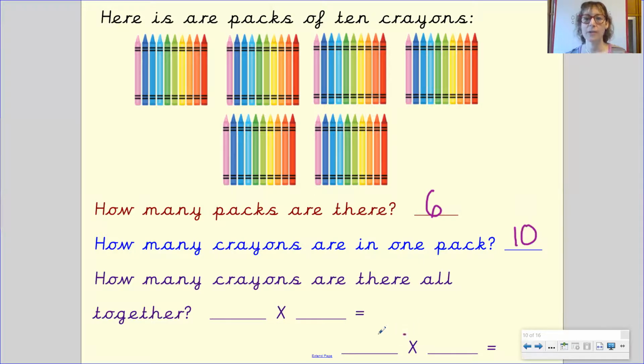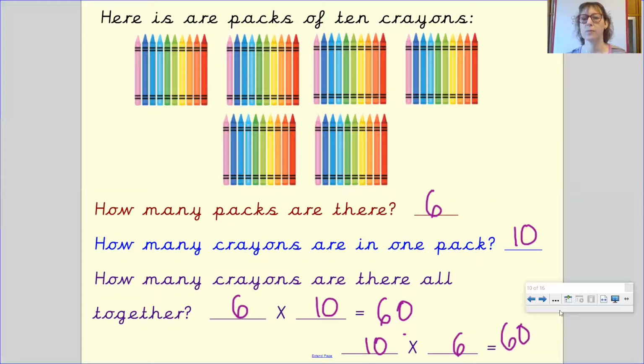So how many crayons are there altogether? There are 6 packs of 10 crayons. So altogether there are 10, 20, 30, 40, 50, 60 crayons. And again, I can change that question round. 10 times 6 equals 60. See the answer.